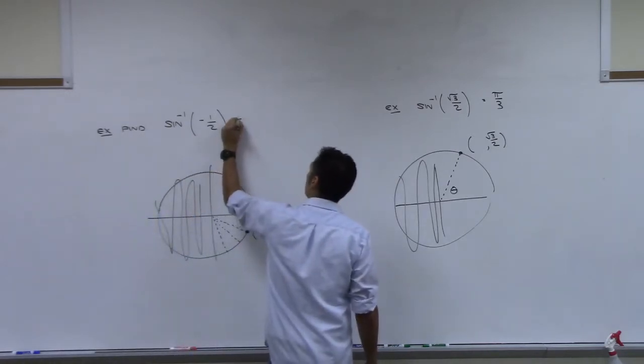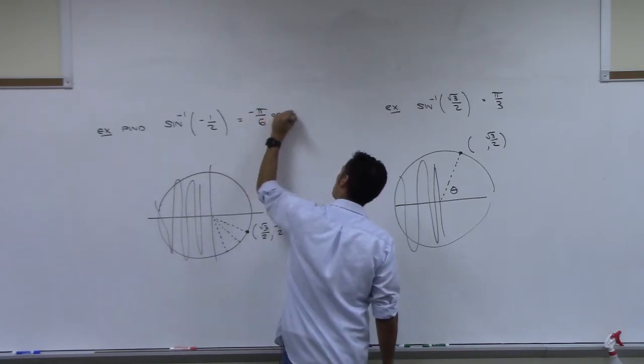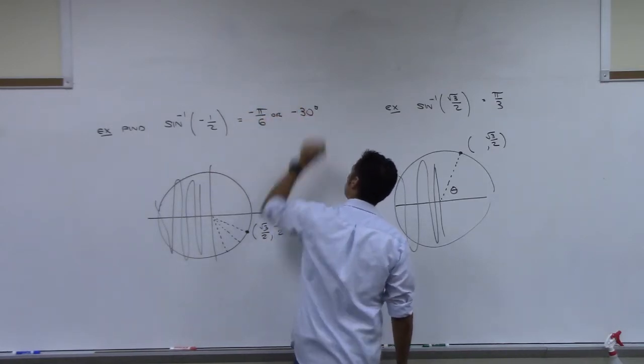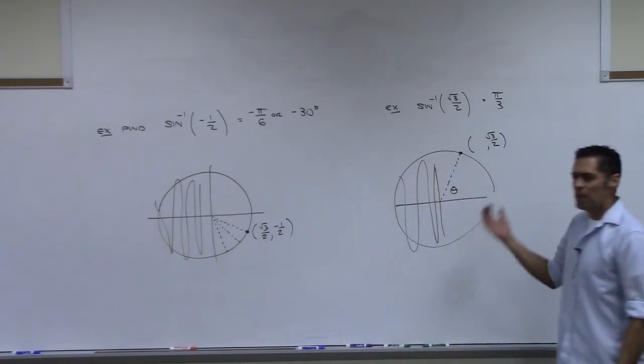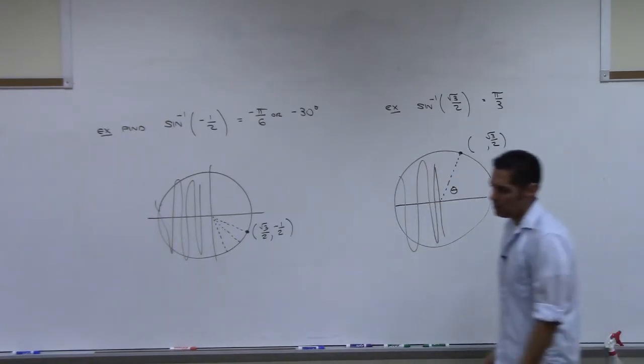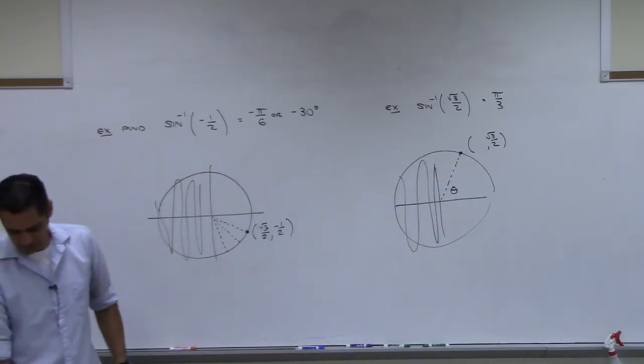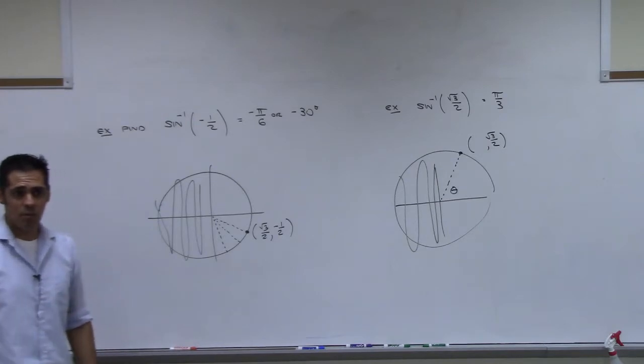So I'm going to go with negative pi over 6 or negative 30 degrees. So you just have to pay attention to what's going on. You happy? That's it. There's nothing more to this.